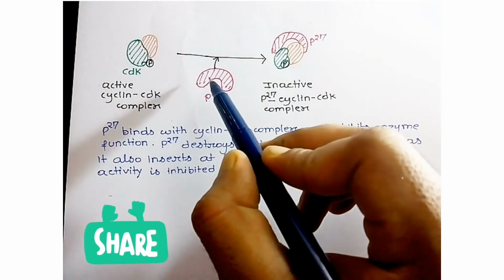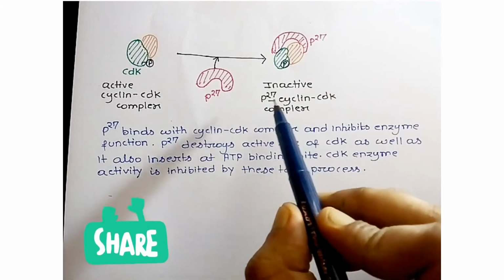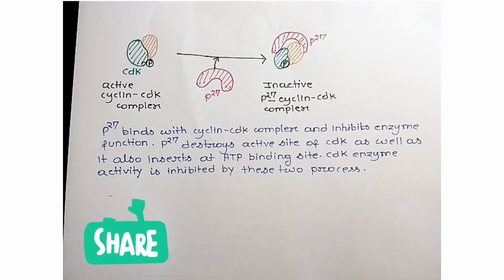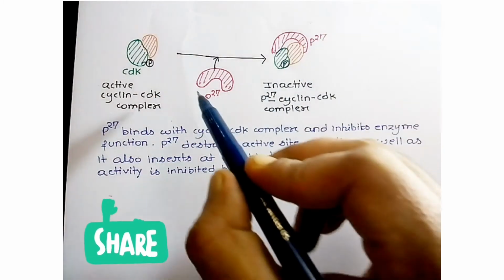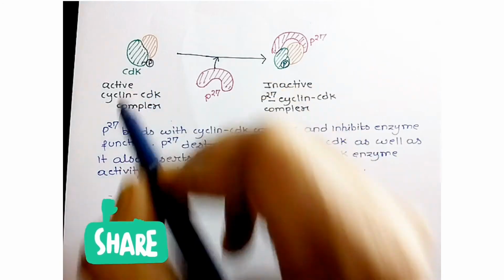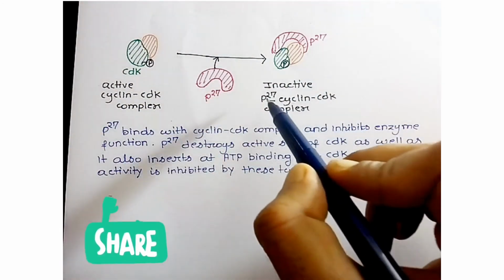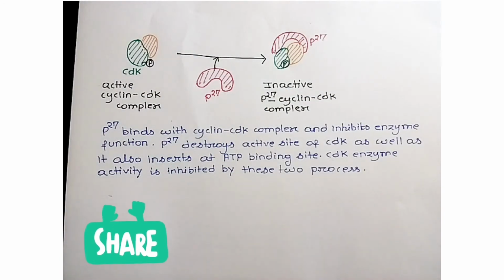When P27 binds with the cyclin CDK complex, it forms another complex known as the P27 cyclin CDK complex. It is an inactive form. So when P27 binds with the active form of the cyclin CDK complex, it forms another complex, the P27 cyclin CDK complex. This is the inactive form of cyclin CDK.